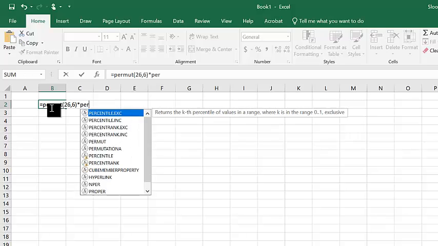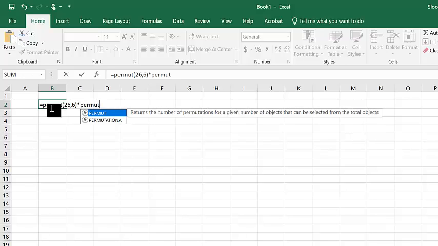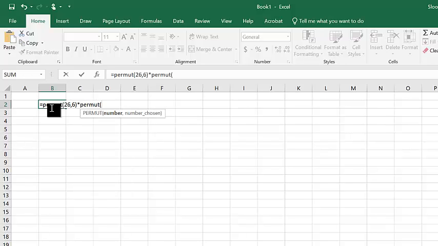I'm going to do a permutation. I have 5 odd digits to choose from, 1, 3, 5, 7, and 9, and we're going to choose 3 of those. So I have a permutation to choose my letters and a permutation to choose my odd digits.